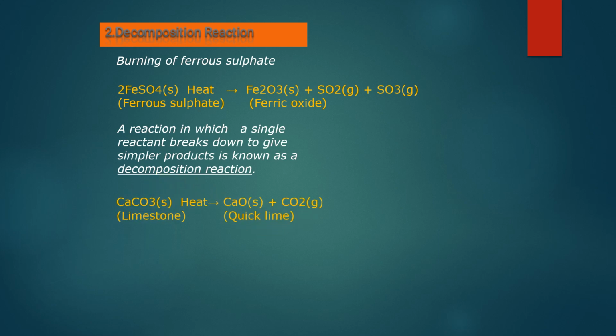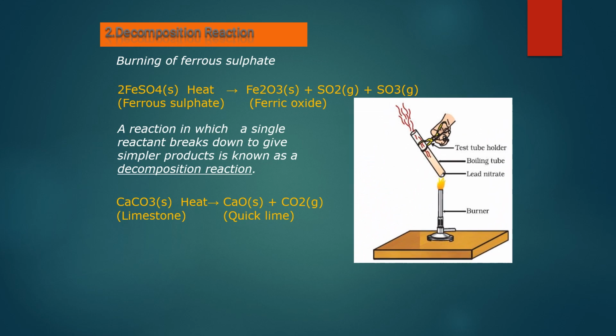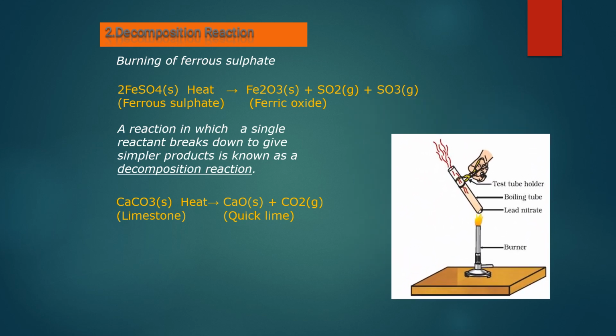Let us take another example. CaCO3 in the presence of heat decomposes to form CaO, quicklime, and carbon dioxide. This is an activity showing decomposition of ferrous sulphate to ferric oxide, sulfur dioxide and sulfur trioxide.